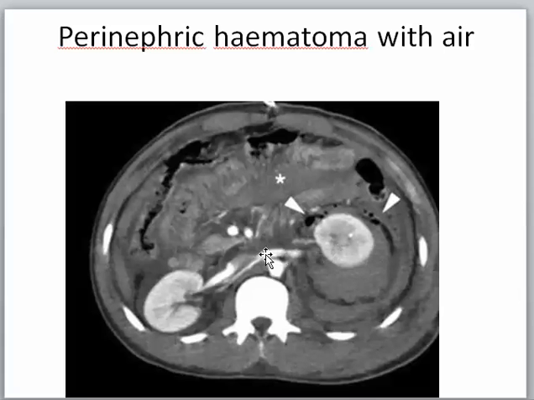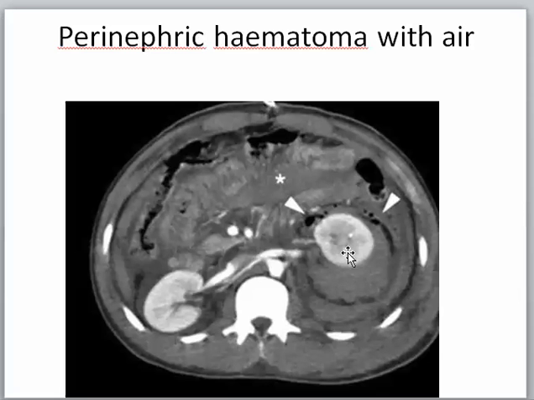Here we have injury with perinephric hematoma and air. That means that there is communication around. Now we can see classically that there is a line here and there is some collection around. The collection around is in the pararenal. The collection here is in the Gerota fascia, and of course we have checked the subcapsular hematoma before.